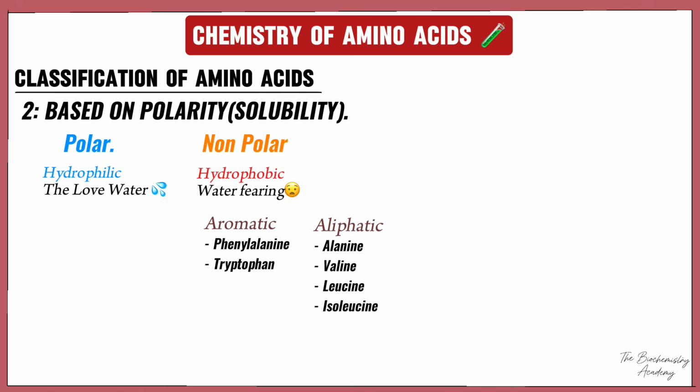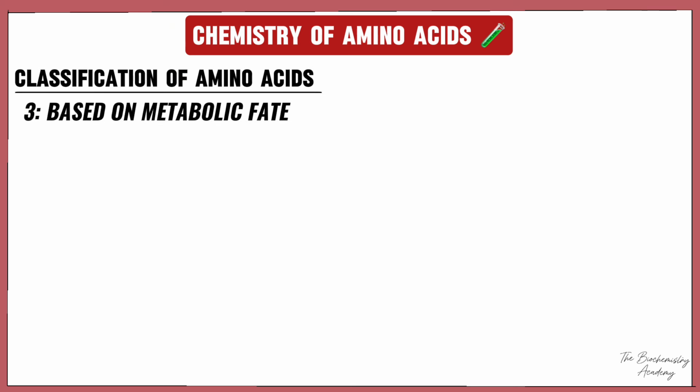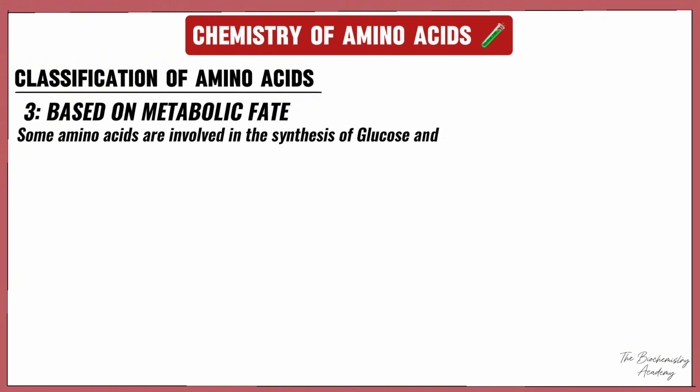Now, let us talk about the next classification, which is classification based on metabolic fate. It means that there are some amino acids that are involved in the synthesis of glucose and lipids. Based on this metabolic fate, they are further classified as glucogenic, ketogenic, or both, meaning that some can be used in the synthesis of glucose and lipids.